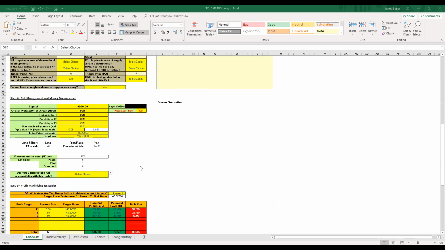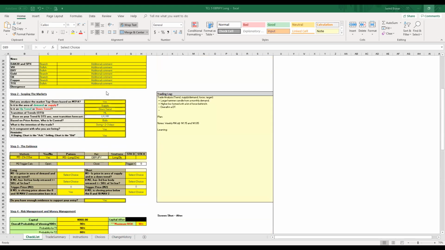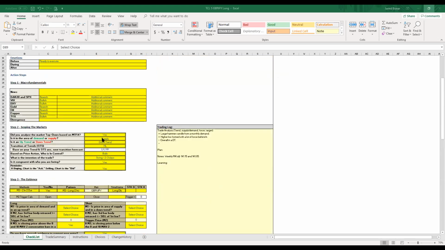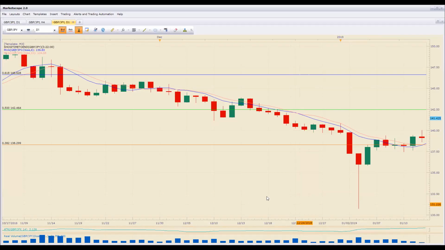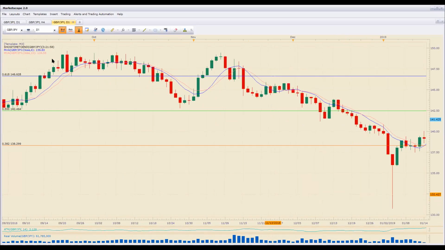Due to uncertainty, of which one? British pound yen, the daily M3 to go long. So what is the root cause of you not taking full responsibility of the trade?